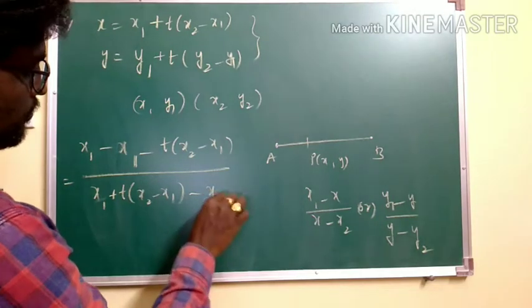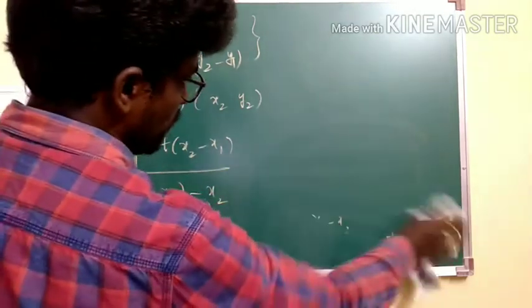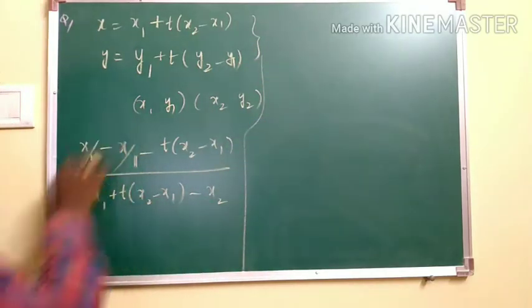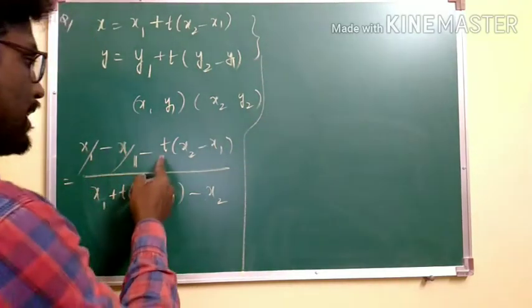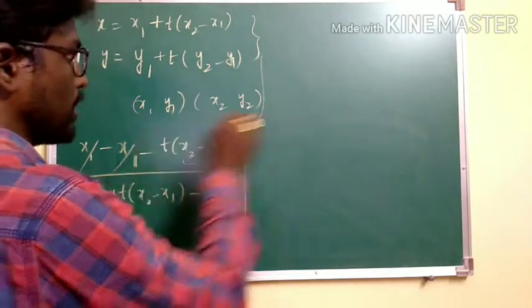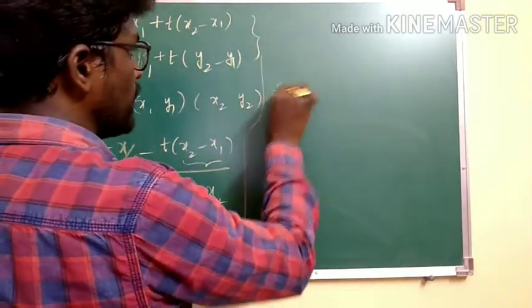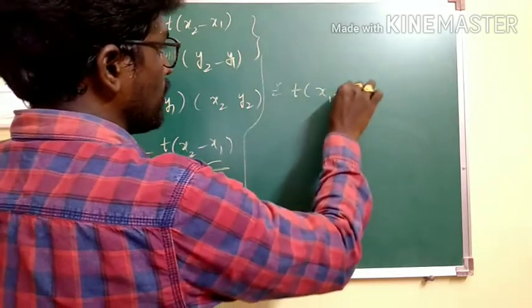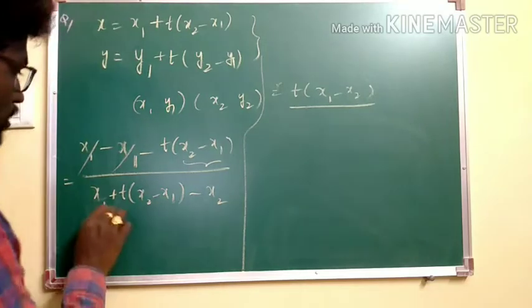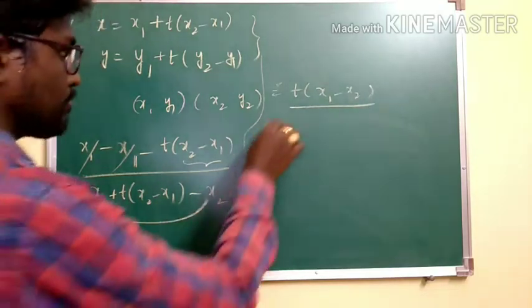Now I am erasing this for the calculation part. These two get cancelled. Here we have minus t into (x2 minus x1). If I take minus common factor here, minus to minus becomes plus, so that we'll get t into (x1 minus x2). And now here we have x1 minus x2.